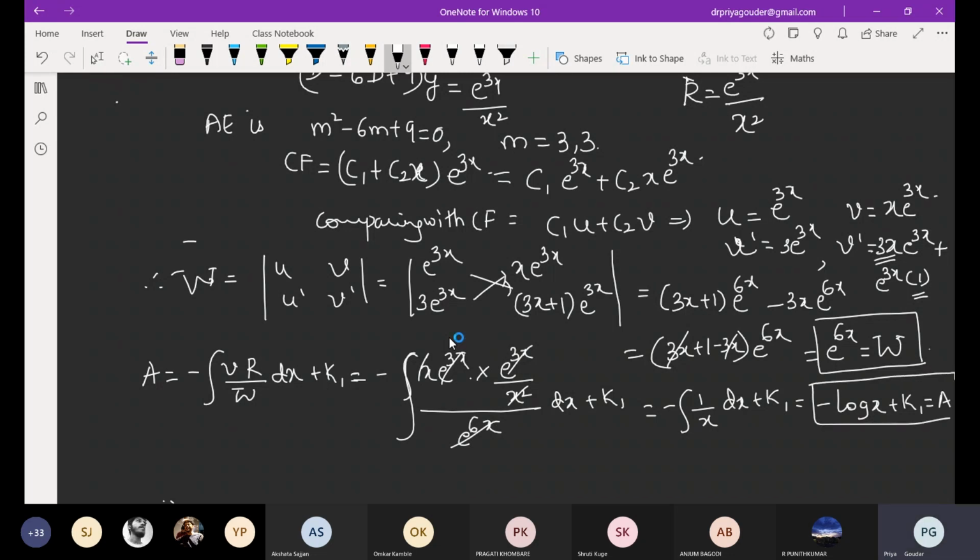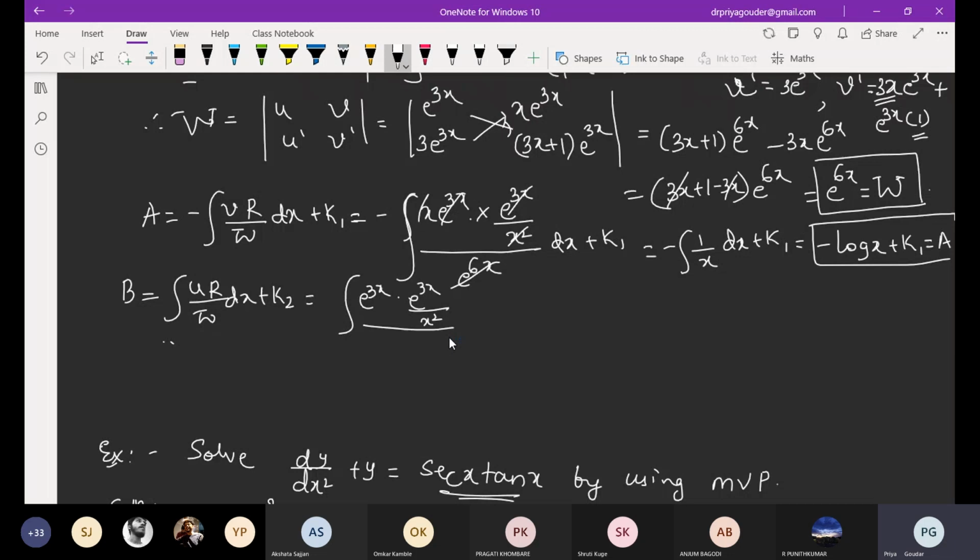Let us find B. Formula: integral of u R by W dx plus K2. u is e raised to 3x, R is e raised to 3x upon x square, divided by W, e raised to 6x. Exponential will be cancelled. Tell me what is remaining in the integration? 1 by x square.